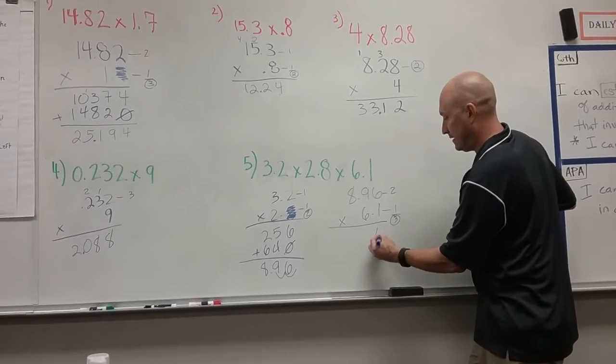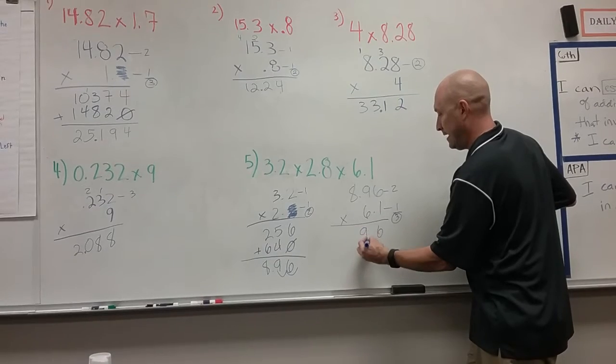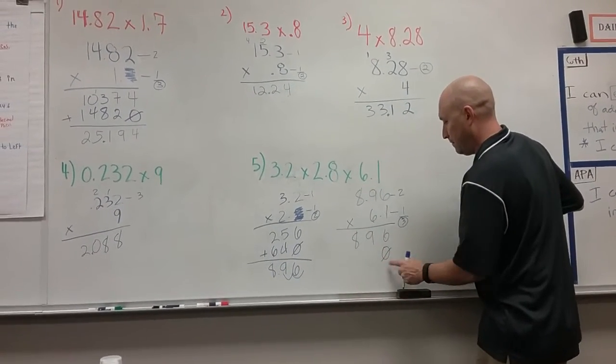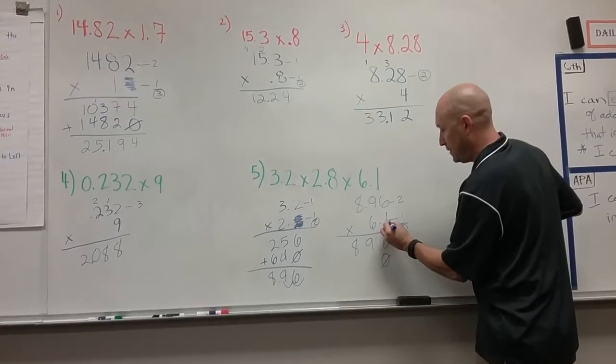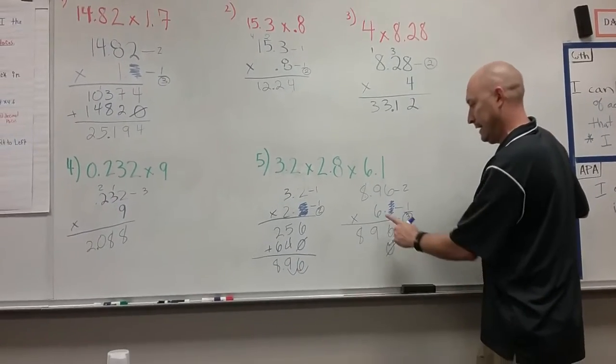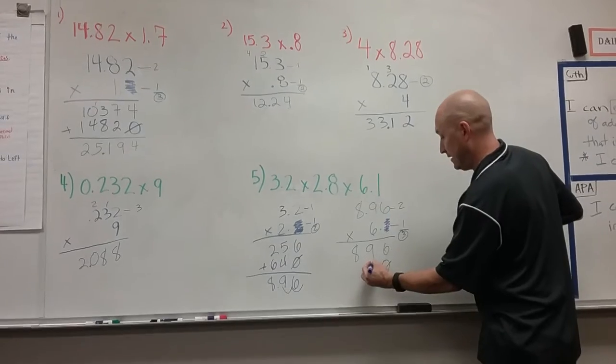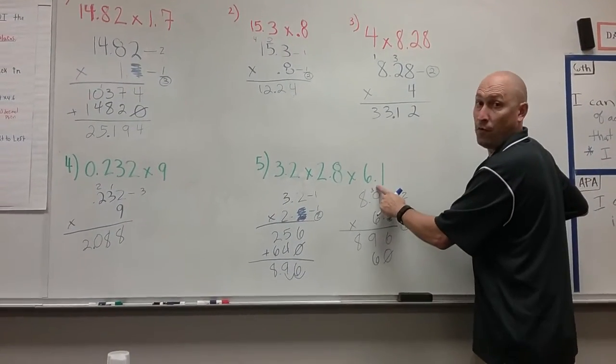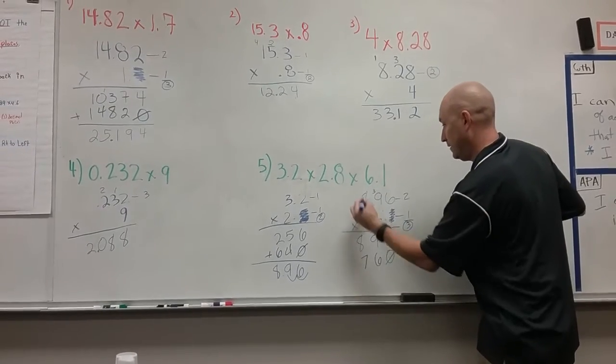6 times 1 is 6. 1 times 9 is 9. 8 times 1 is 8. My placeholder goes down as a 0. I've used my 1, so I can get rid of it. 6 times 6 is 36. 9 times 6 is 54, plus 3 is 57.